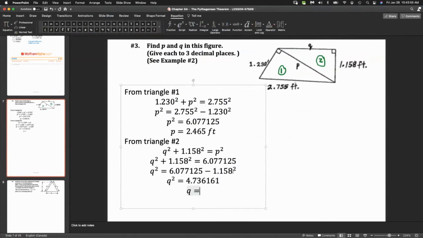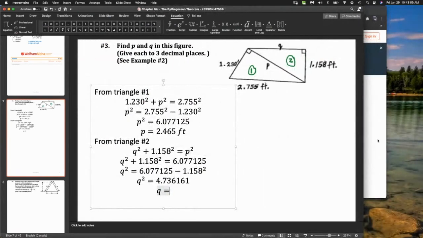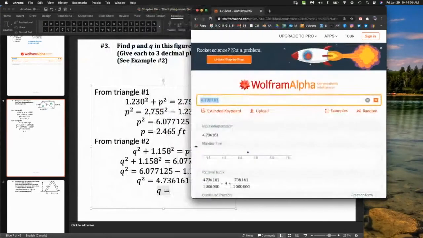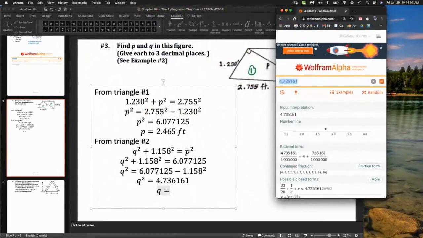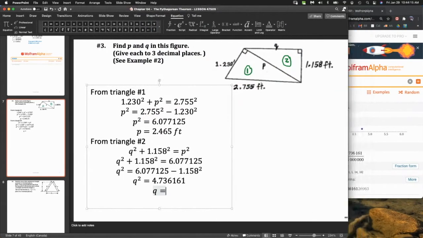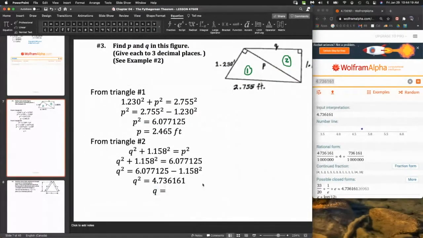Someone give me Q to 3 decimals, please. There.